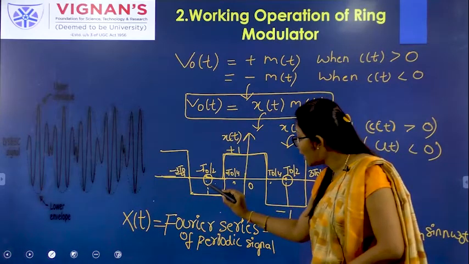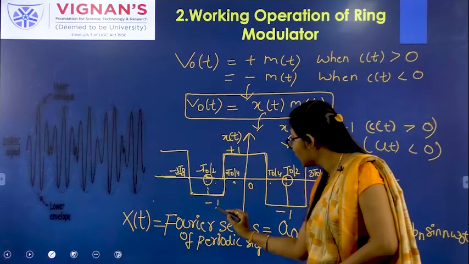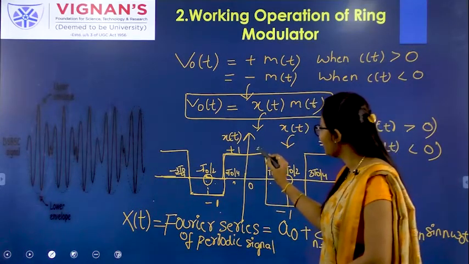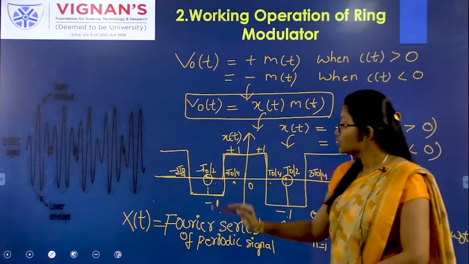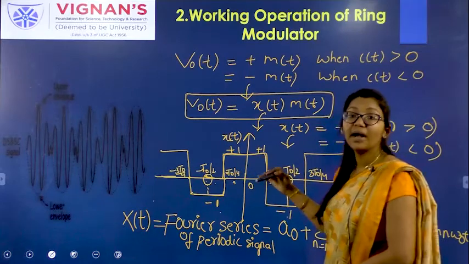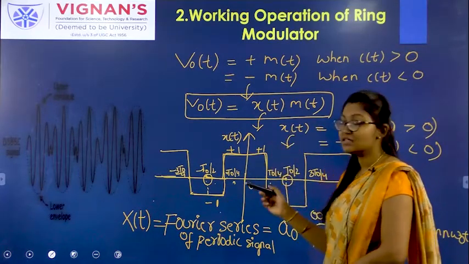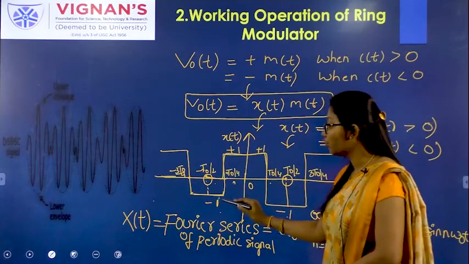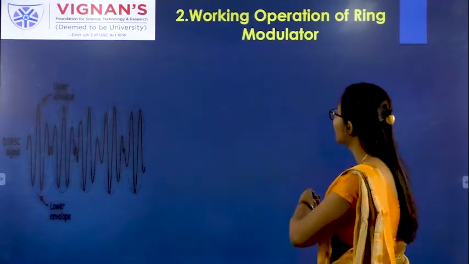From minus t naught by 2 to minus t naught by 4 there is a minus 1, from minus t naught by 4 to t naught by 4 there is a plus 1, and from t naught by 4 to t naught by 2 again minus 1. So in this cycle there are three integrals with amplitudes of minus 1, plus 1 and again minus 1.